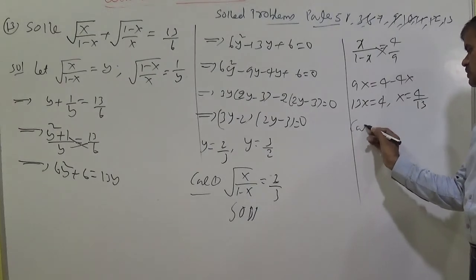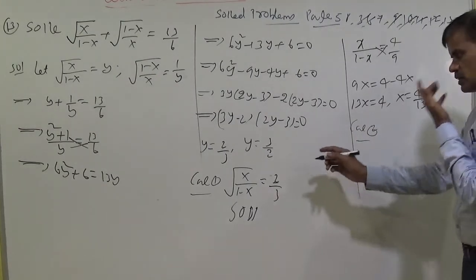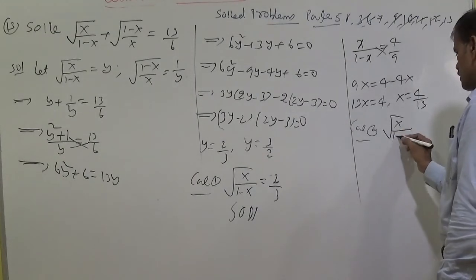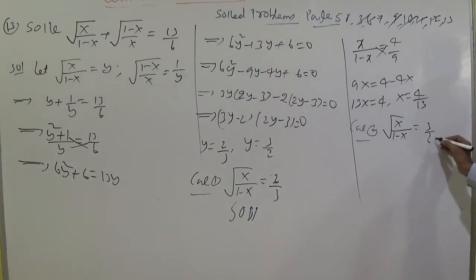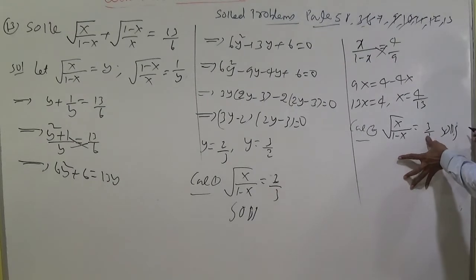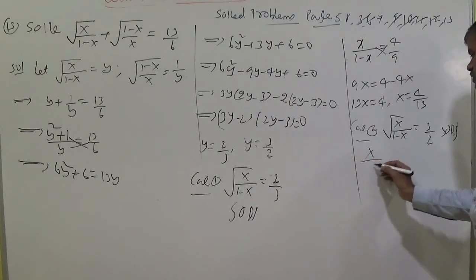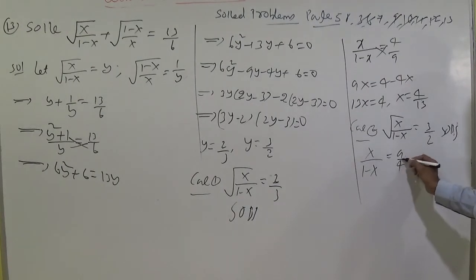Now let us discuss case 2. What is case 2? y is equal to 3 by 2. So we have root of x by 1 minus x equal to 3 by 2, and squaring both sides, x by 1 minus x is equal to 9 by 4.